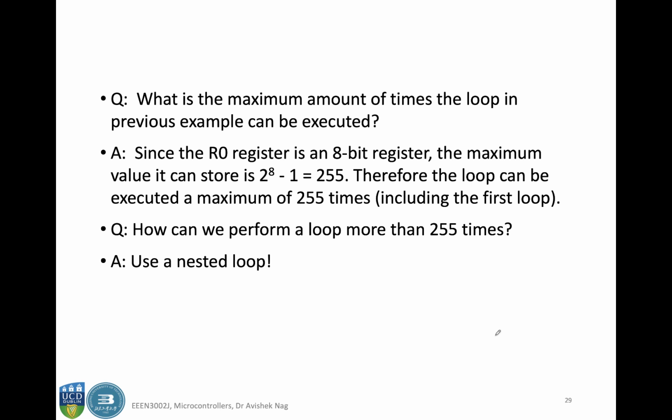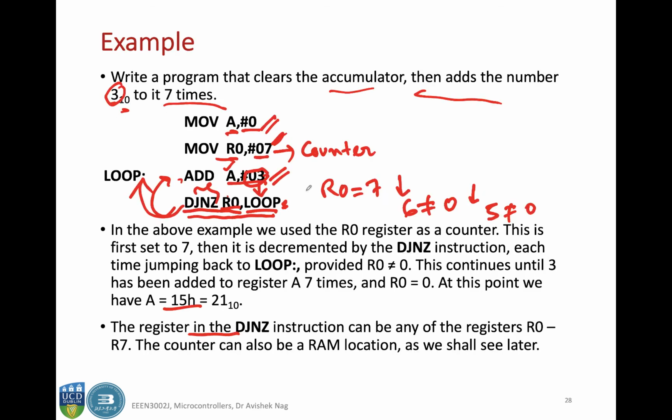Now the question is, what is the maximum number of times the loop in the previous example can be executed? Since R0 is an 8-bit register, the maximum value it can store is 255. Therefore the loop can be executed a maximum of 255 times, because instead of 7 you can load 255 at most, and then DJNZ R0 can loop this line a maximum of 255 times.